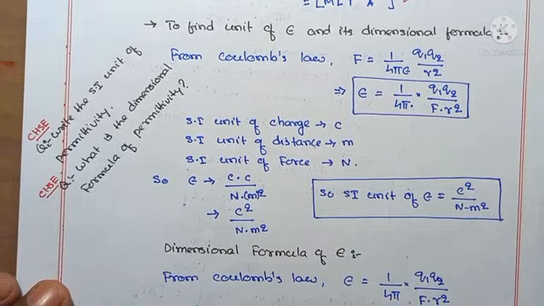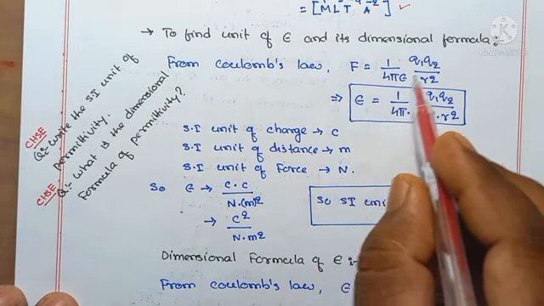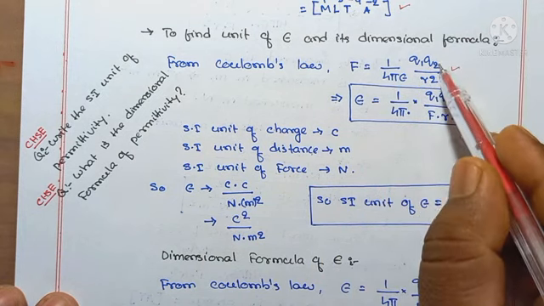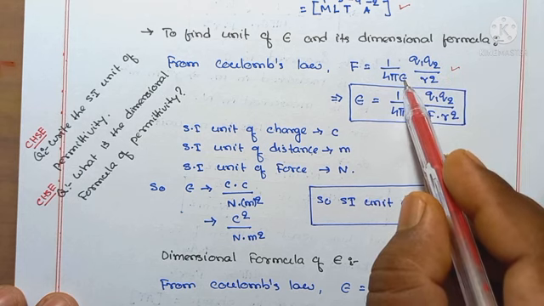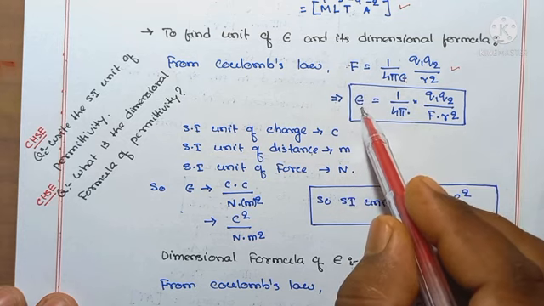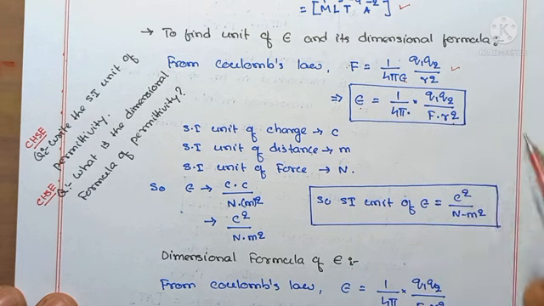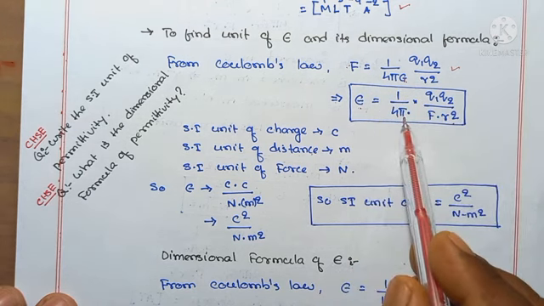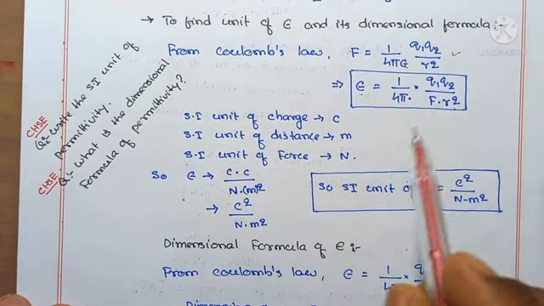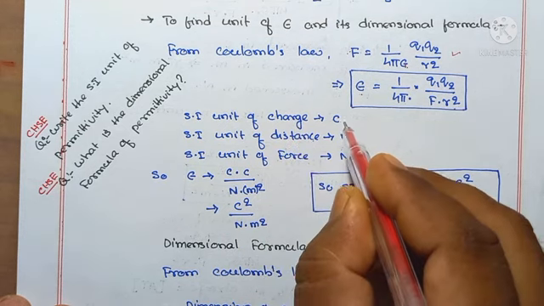From Coulomb's law we know F is equal to 1 by 4 pi epsilon times Q1 Q2 by R square. From this relation we will get the value of epsilon: epsilon is equal to 1 by 4 pi, Q1 Q2 by F R square.